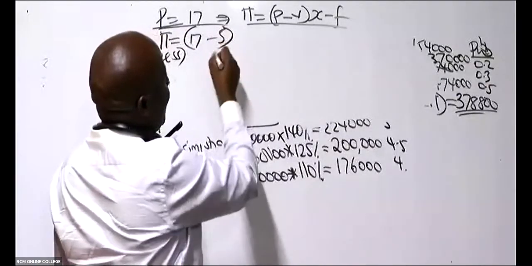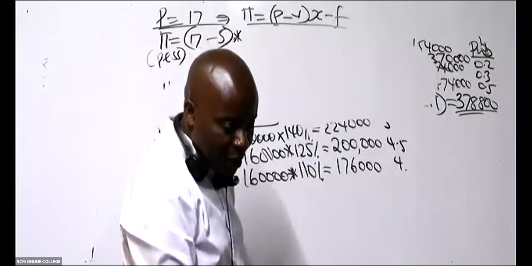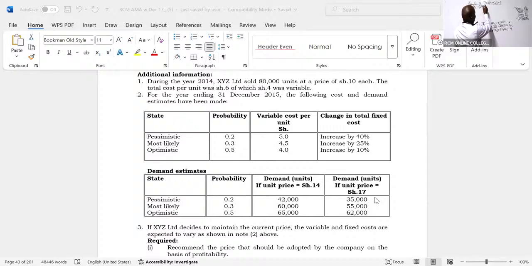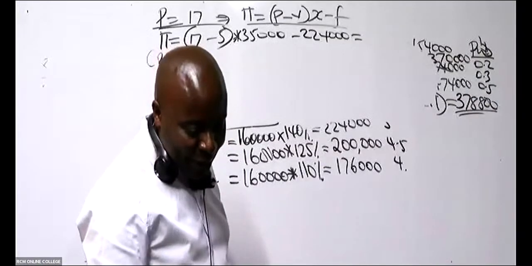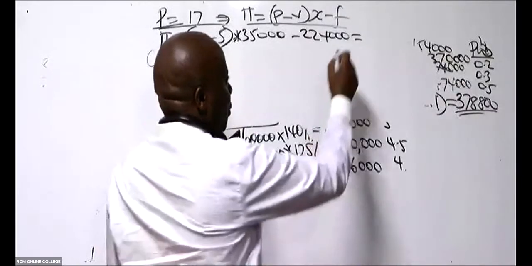If you're charging 17, then the pessimistic demand is 35,000, and then we have the pessimistic fixed cost, which is 224,000. Could you be kind enough to give me this answer, the first one? 196,000. Thank you so much.